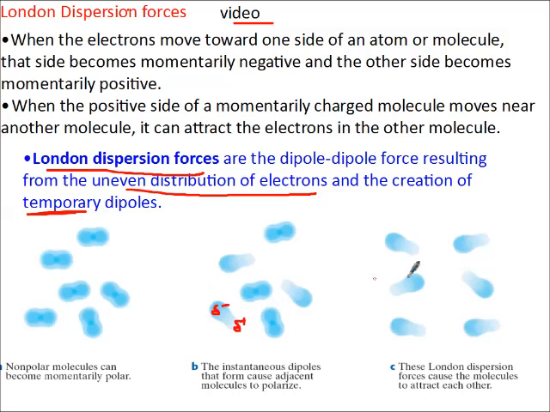So when I have enough of those happen, they begin to line up, the partial negative and the partial positive, with something else that's a partial positive, and I form this bond between these two. And it's not a very strong bond, it's not a very long bond, it doesn't happen for a long time. It's called our intermolecular force, and it's a temporary bond again.